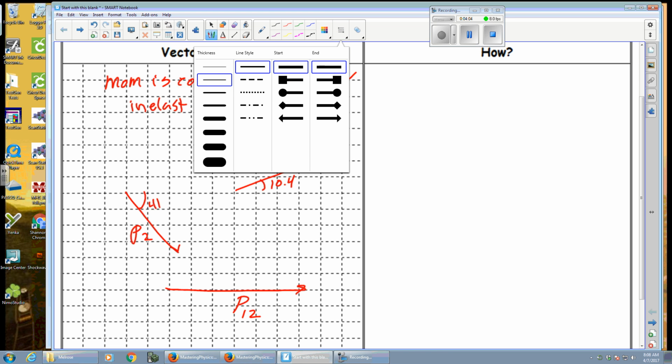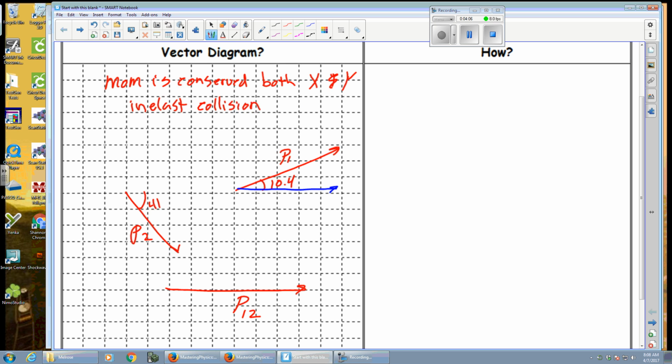So I'm going to have an x component and a y component. Let's see, P1 cosine 10.4, P1 sine 10.4, and then I'll have an x component and a y component, P2 sine 41, P2 cosine 41 degrees.